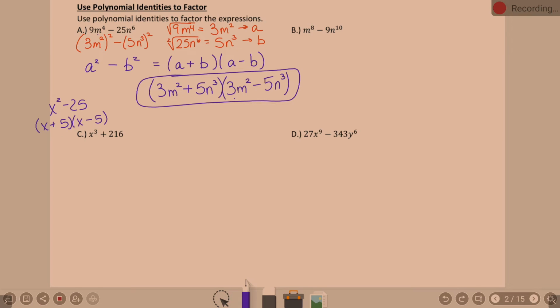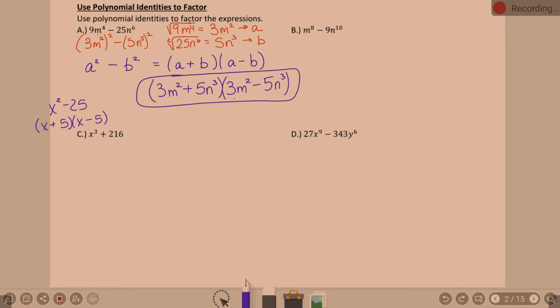B. It's a difference again, right? There's a subtraction. I say difference because subtraction in the middle, yes. Is this difference of squares or difference of cubes? Squares again. And here's the deal. 9 is a perfect square, yes. And then exponents.